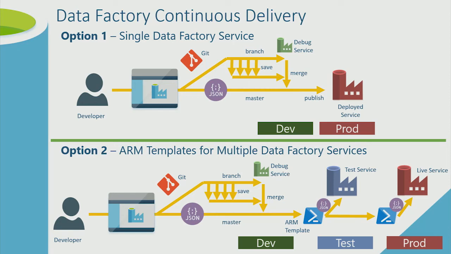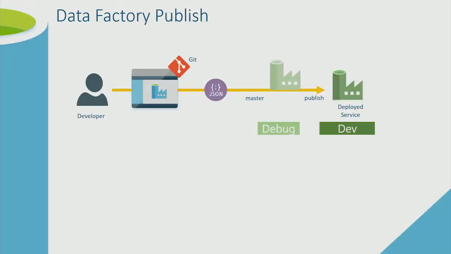And let's go deeper into option 2, because there are some nuances, there are some quirks of that that we need to understand. The first one is that if we have that developer doing his work, and if the developer is working in the debug environment, fine. When that developer hits publish, and maybe hits publish to the dev environment, fine, he can do that.